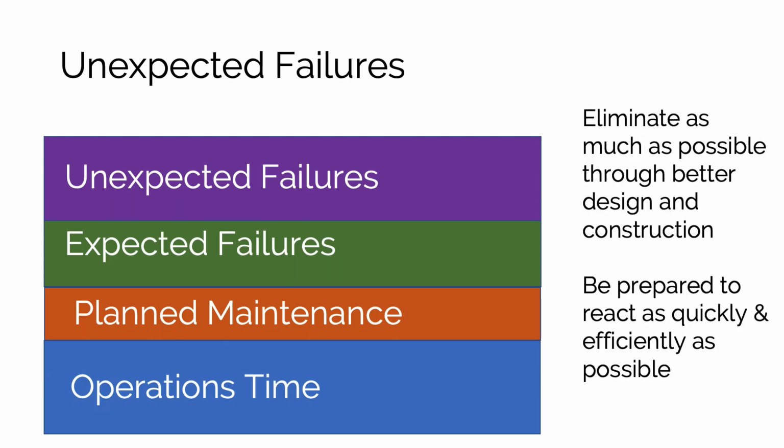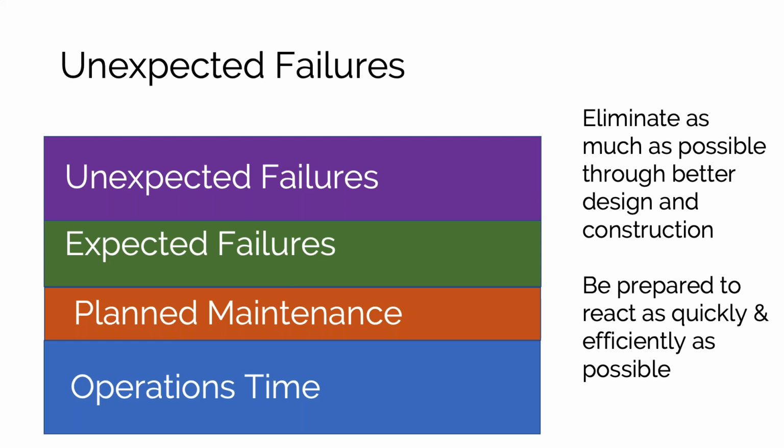And then our last type of activity that might affect operations time or uptime is unexpected failure. So something that you don't expect to happen, some part that normally doesn't ever wear out, fails, or some strange thing has occurred, and all of a sudden there's an unexpected failure that you have to deal with. You can try to eliminate them as much as possible, again, through better design and construction.